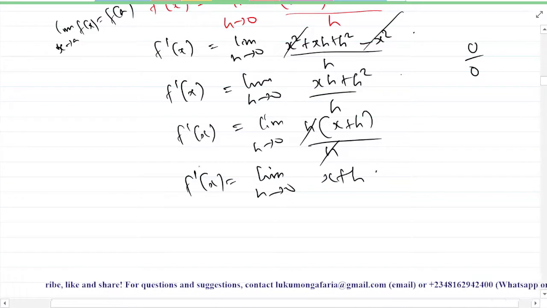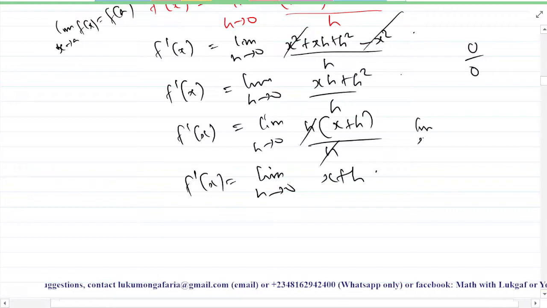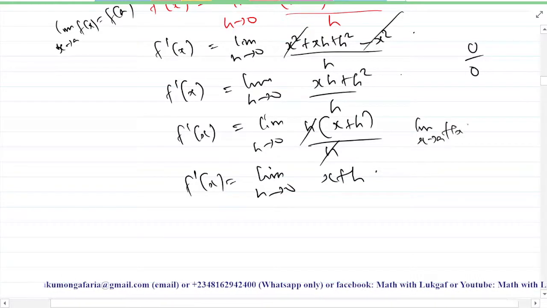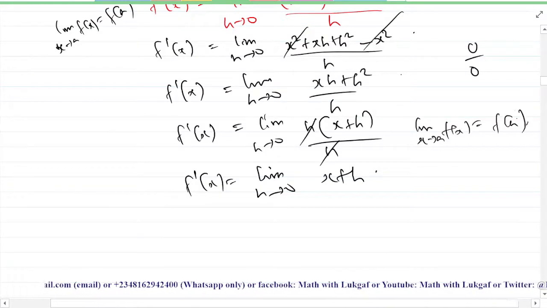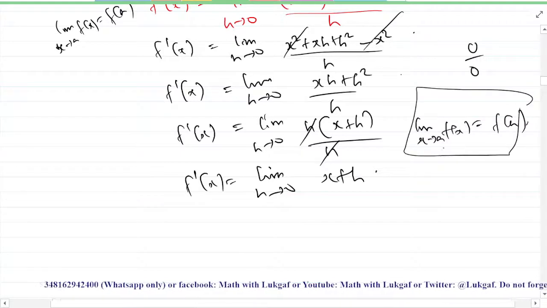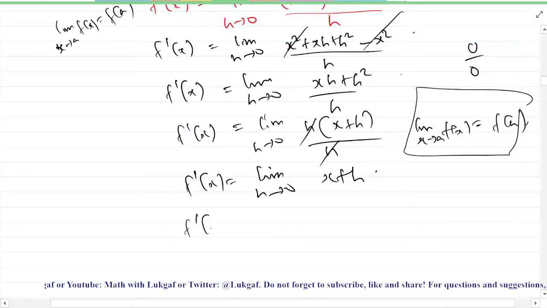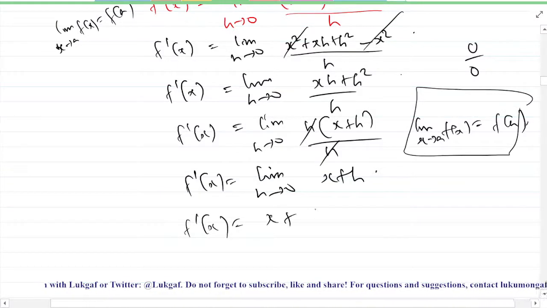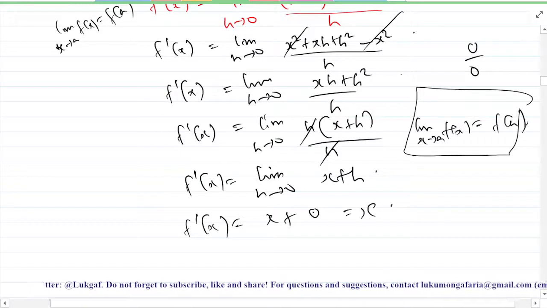You understand now? Recall from what I wrote here, when you say your limit as s tends to a of f of s is the same thing as f of a by definition. It means wherever you see h here, you just put the value of 0. So then your f prime of s will now be s plus 0 is equal to s.